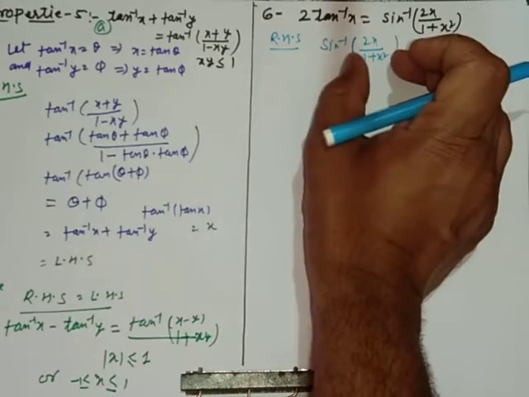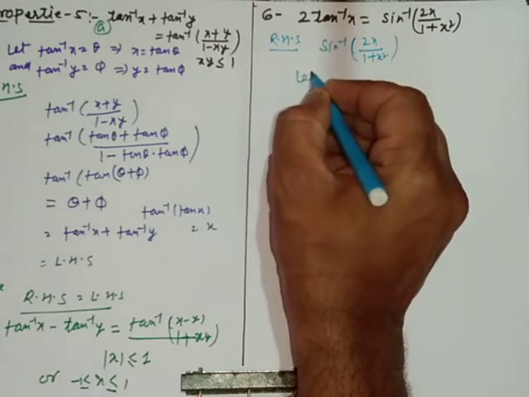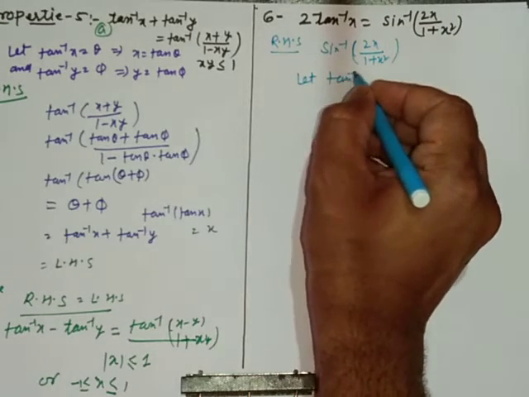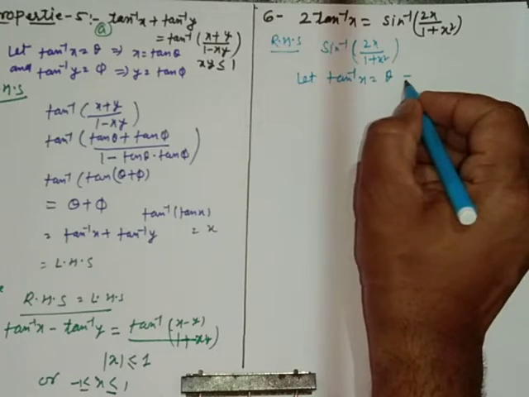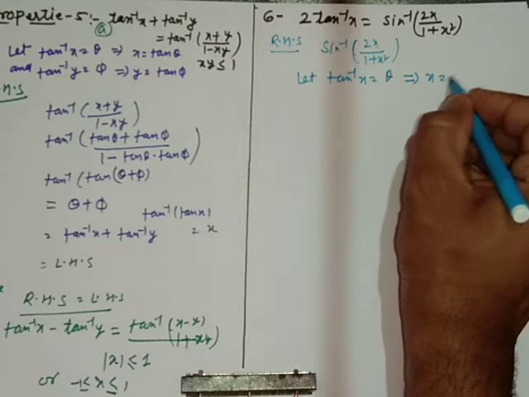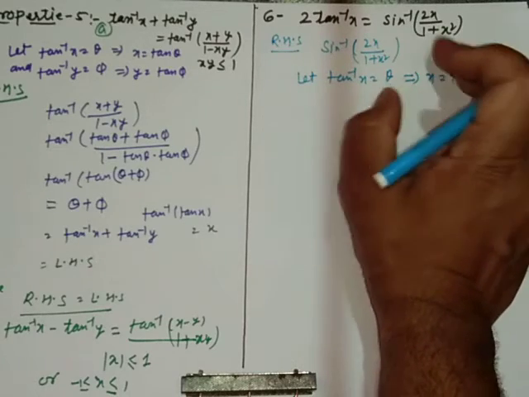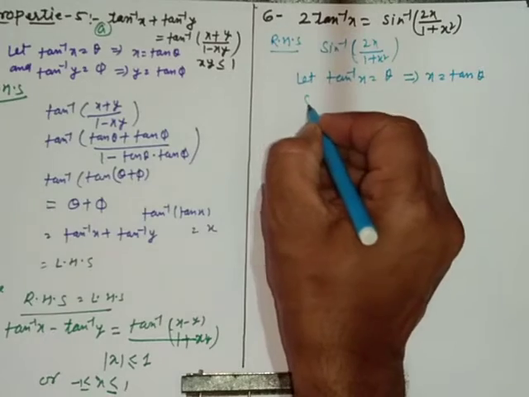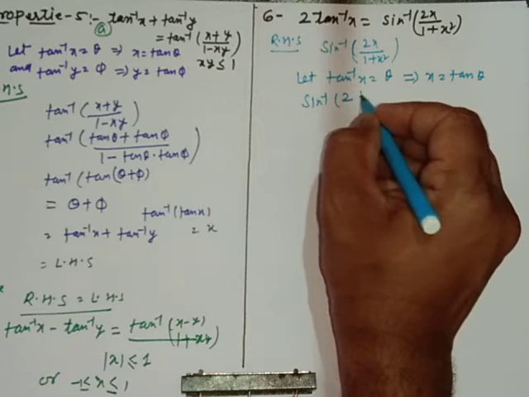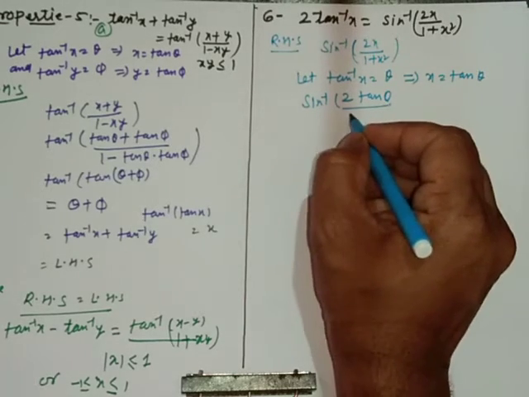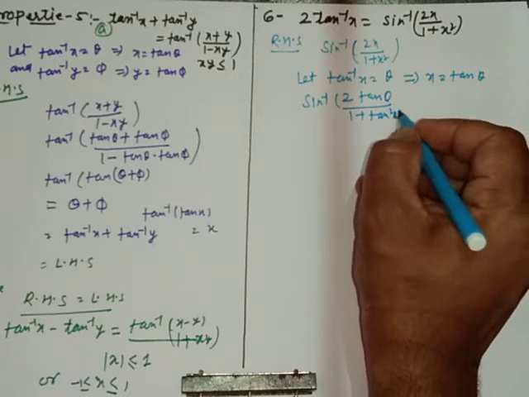There might be a hidden formula, so let tan inverse x be equal to theta. Further, it can be written as x is equal to tan theta. Now, if we put the value of x in this RHS, we get sine inverse of 2 tan theta upon 1 plus tan square theta.